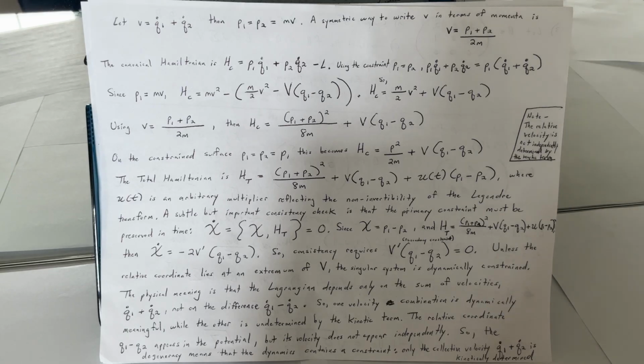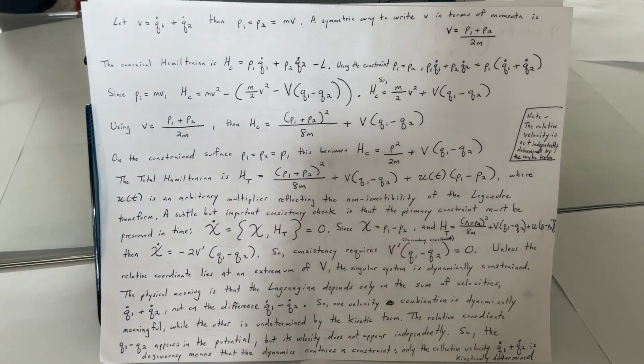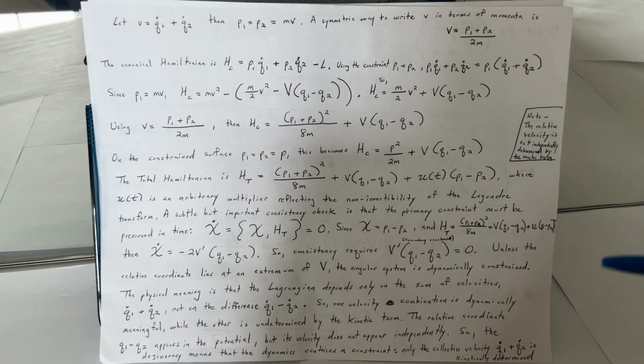So the degeneracy means that the dynamics contains a constraint. Therefore, we could say only the collective velocity q1 dot plus q2 dot is kinetically determined. And a note over here, I should have mentioned this up further. The relative velocity is not independently determined by the kinetic term.